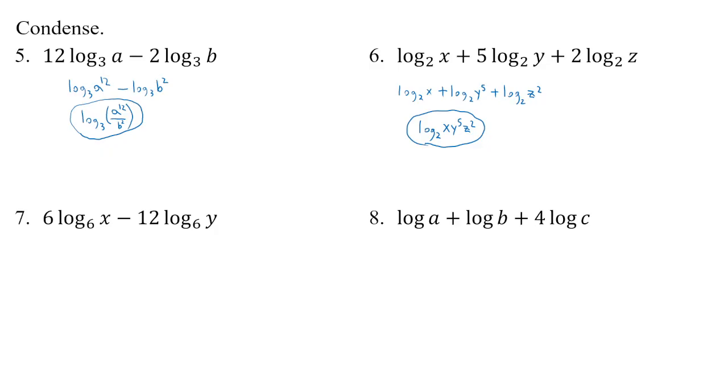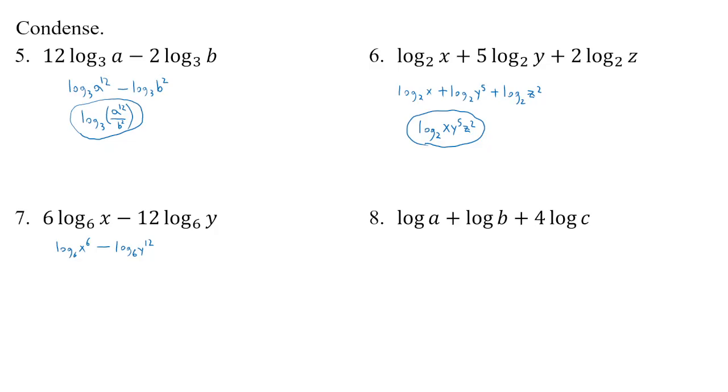All right, number 7, we'll use property 3 to change coefficients into exponents. Therefore, this becomes log base 6 of x to the 6th. This becomes log base 6 of y to the 12th. Here we have a difference.